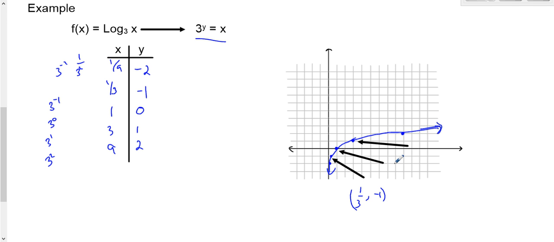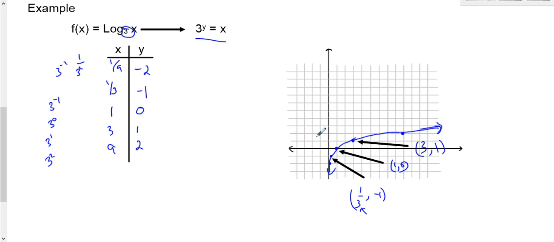This point up here is 1, 0. And then the next point is 3, 1. If I take this and look at my function, my base value was 3. See the 3 here? -1 gives us the inverse of 3, which is the reciprocal of 3, 1/3.